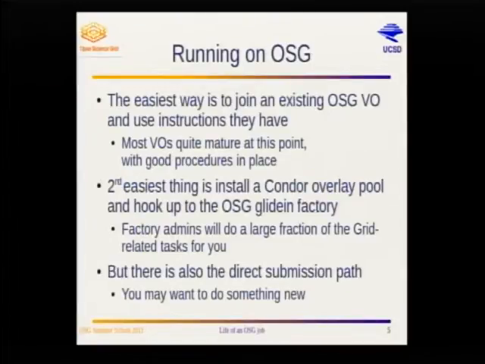And all the grid bad things are being taken care by the factory administrators behind the scenes without you ever noticing. And then, if neither of this is an option or you don't like it, there is always the direct submission part. You've seen this morning, it can be painful, but sometimes it's just the only way forward. And you are always welcome to do it for whatever reason you want.